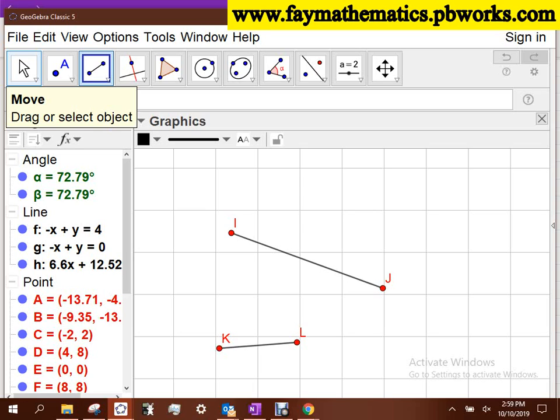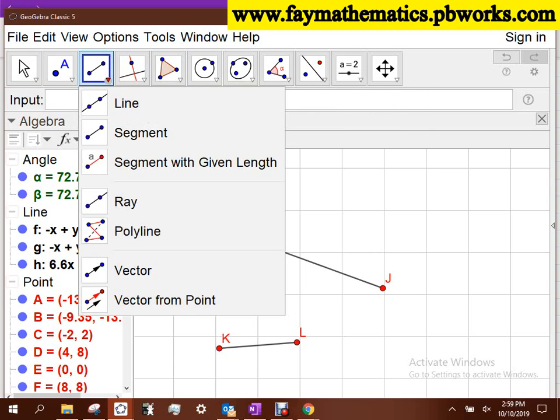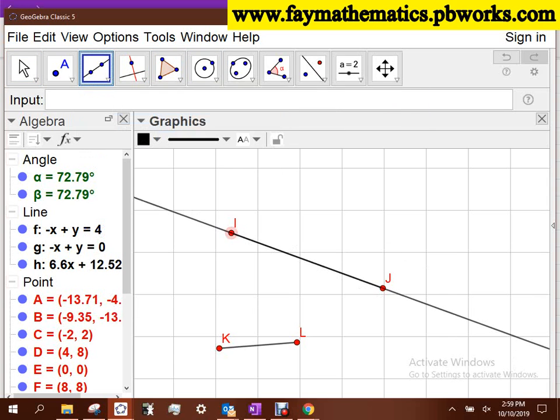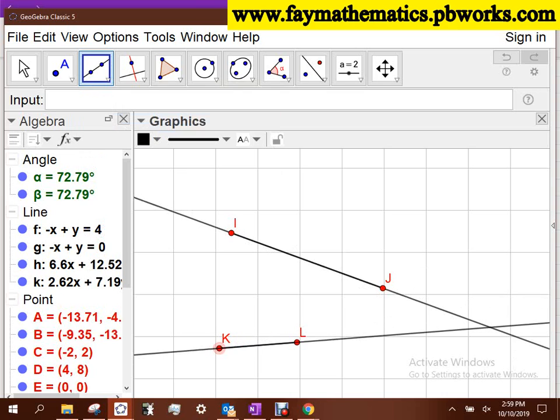But will they eventually intersect if we extend them like lines are supposed to be extended? That's what we have to be able to justify. Those segments would not be parallel, because when we extend the lines that they actually come from, create that line there and that line there, they are eventually going to intersect. Does that make sense?